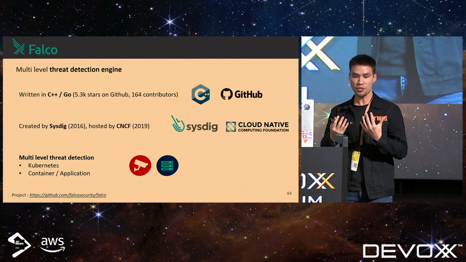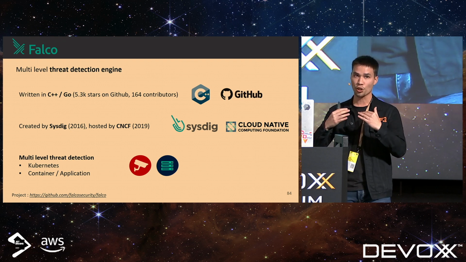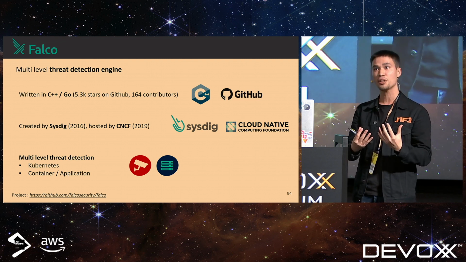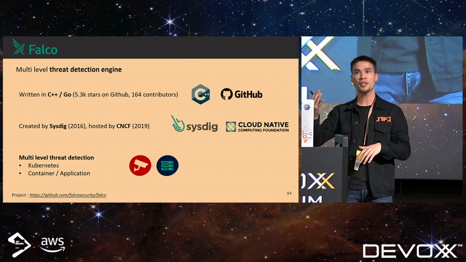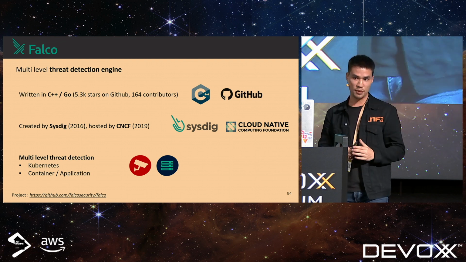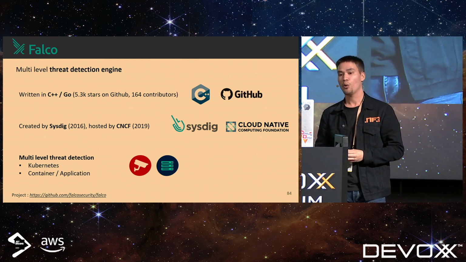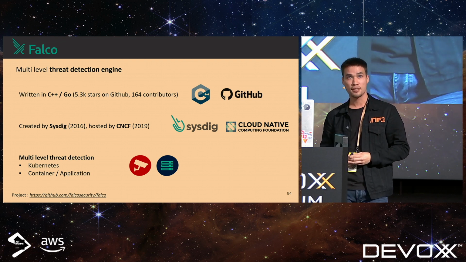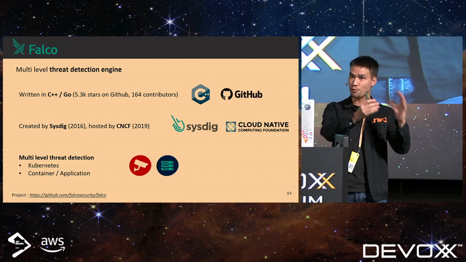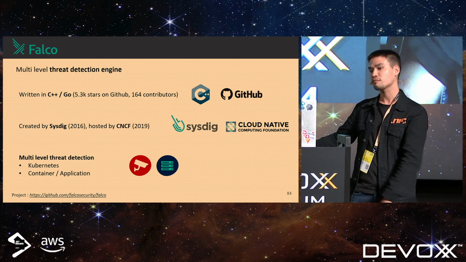It's a multi-threat detection engine because it can work at the container level, when something is happening inside my container, but also when something weird is happening at the Kubernetes level. It's been created by Sysdig and very quickly was donated to the CNCF as an incubated project, which is kind of cool. It was created first by a company, but now it belongs to the community.